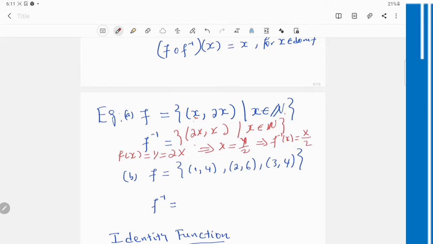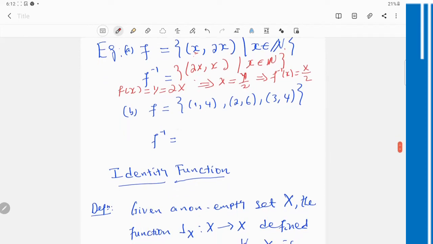So f inverse can be written as the set of all (x, x over 2), where x is in N. This is the formal way of writing the inverse of a function, and the other is another solution. They are the same.